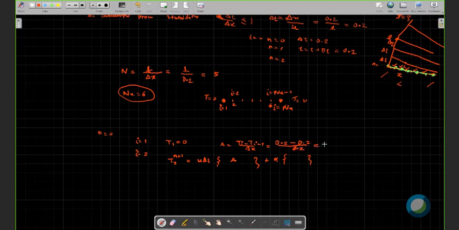This will give a0 in the beginning. But later on, once you start calculating t2 at n plus 1, these values of a will keep on changing. In the beginning, since all the values ti, ti minus 1, ti plus 1 are 0.2, they will initially be 0. But in later cases, they will be as per these values.